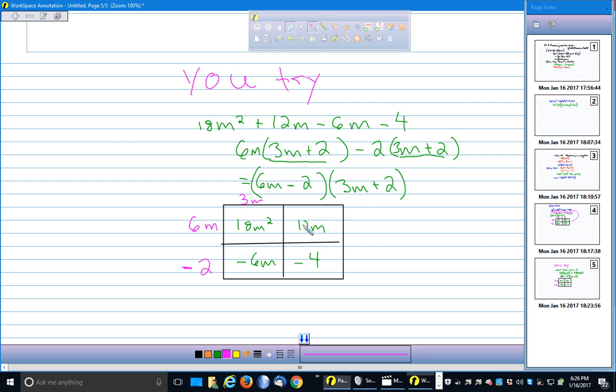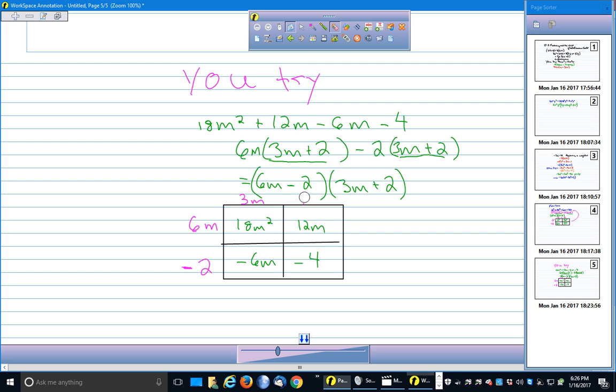Then I come over here and I say, what do I need to multiply 6m by to turn it into 12m? That's a 4, right? And then you're pretty much done. I mean, 4, uh-oh, what happened? Wait, 6, oh, 6 times 4 is not 12. See?